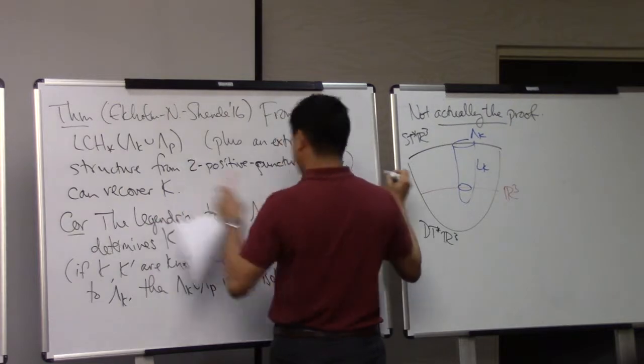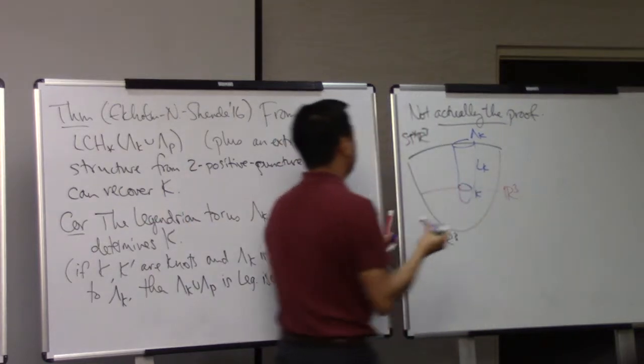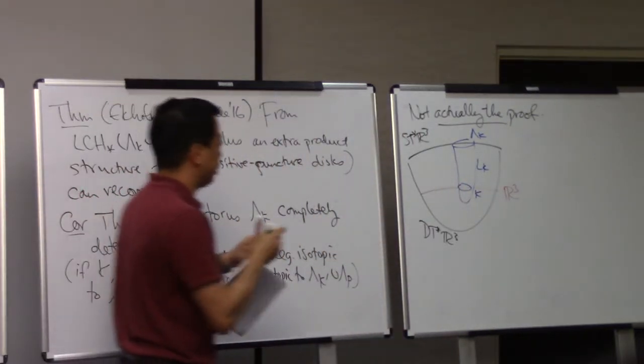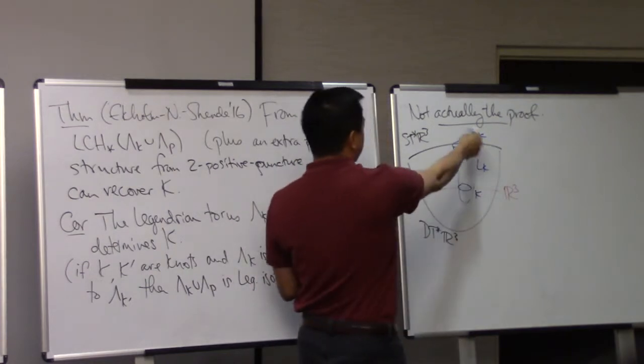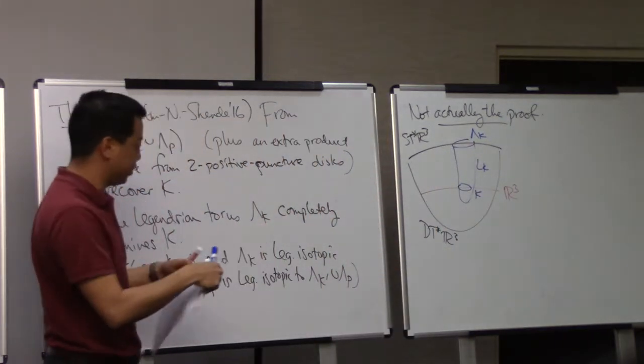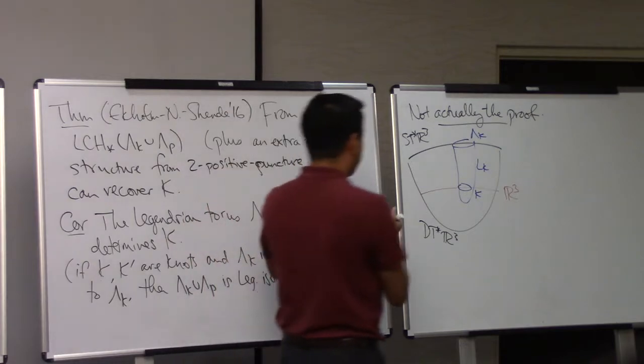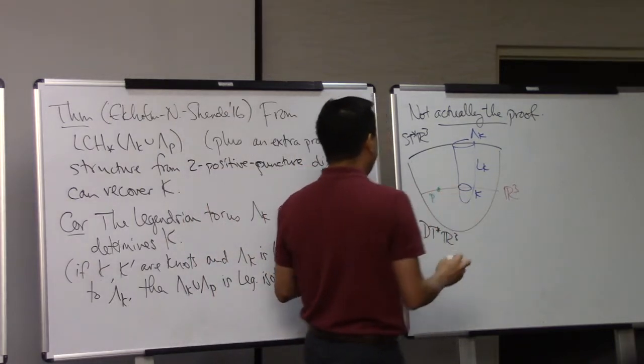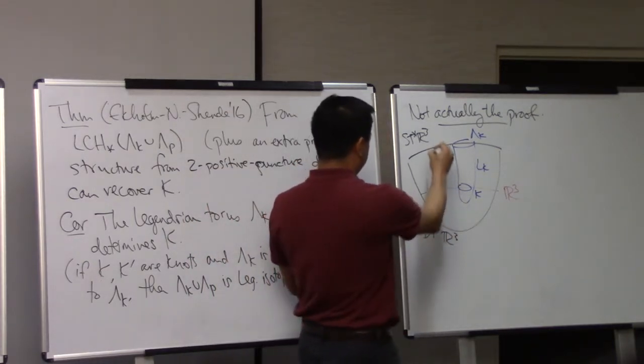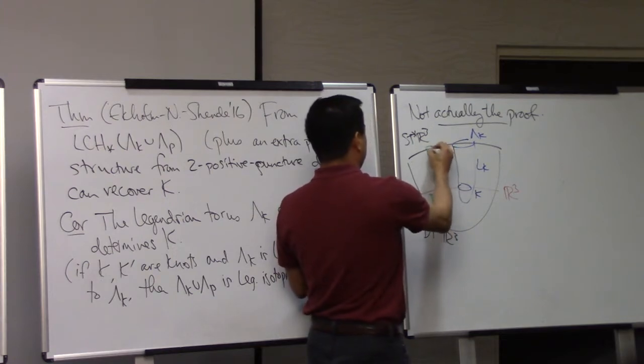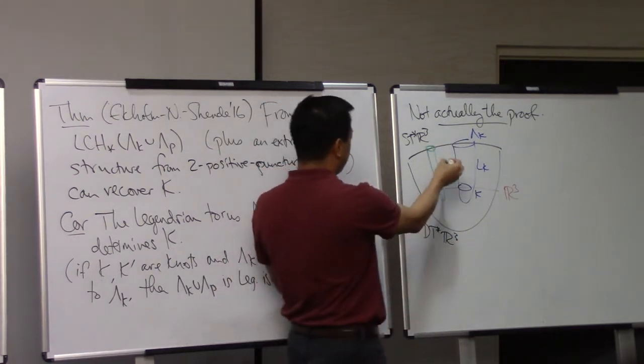What I'm drawing right now is what I drew over there. So this is the knot inside of R3, and its conormal, and that intersects the boundary in this Legendrian lambda K. And now we have this additional point P, and its cotangent fiber, it's a little bit hard to draw, but it looks a little bit like this.